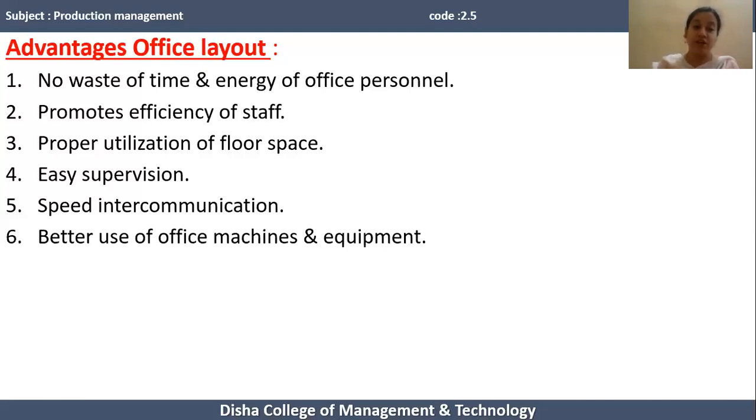Proper utilization of floor space. Office layout identifies at which location what should be installed, so that the superintendent or the manager of the office can use every space of the floor in a perfect way, and he can allot every space to a particular thing, so that there is optimum utilization of floor space.